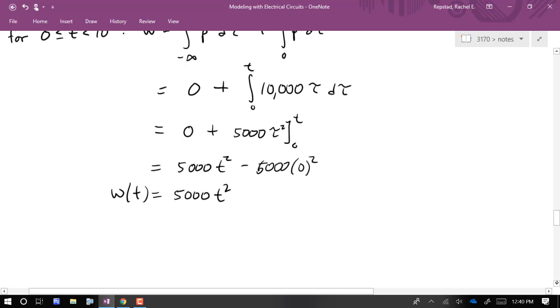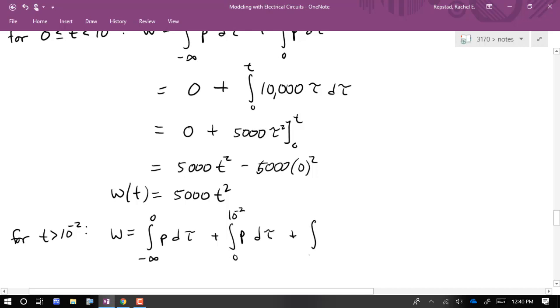And for t greater than 10 to the negative 2, our energy is the integral from minus infinity to 0, plus the integral from 0 to 10 to the negative 2, plus the integral from 10 to the negative 2 up to t.